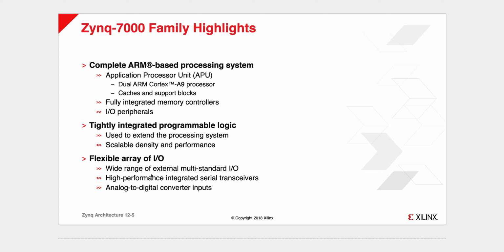We have address space on the ARM Cortex A9 processor, which is divided into regions for DDR memory, on-chip RAM or OCM, peripherals, and programmable logic. So what we are saying is that an ARM Cortex A9 consists of a physical memory, which is RAM and ROM.